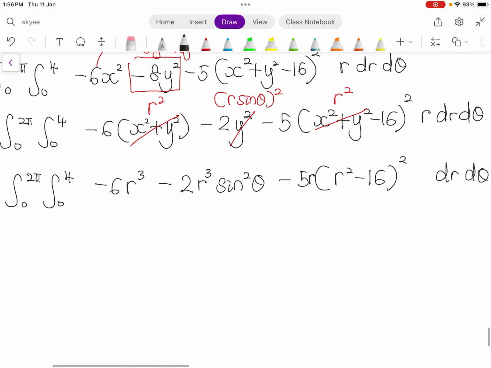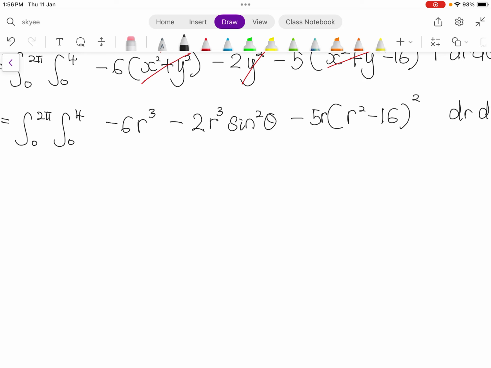Now you can use a calculator. Negative 384, this is for the first one.